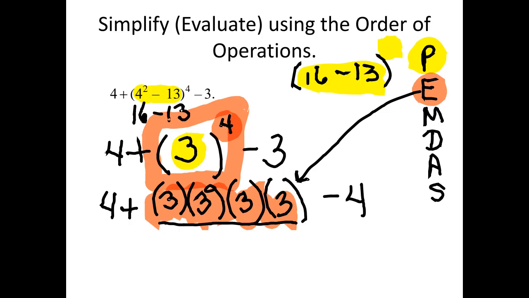When I put all of these together, I have 4 plus 81 minus 4. Okay. Now, if you look at this line, I don't have any multiply or divide.